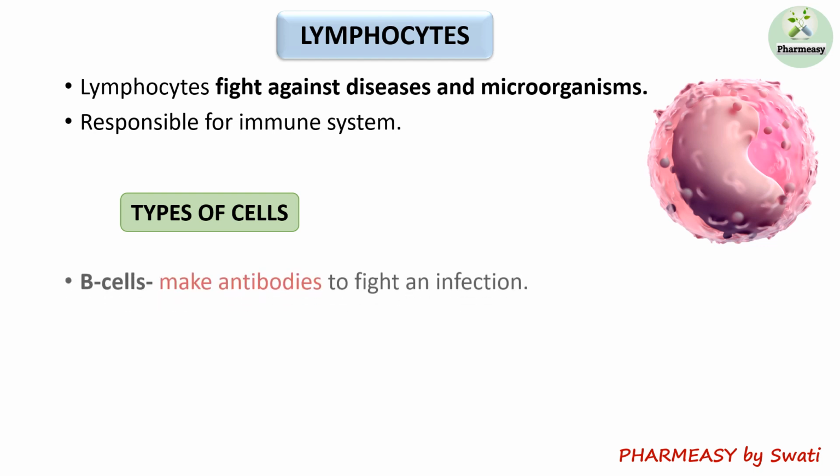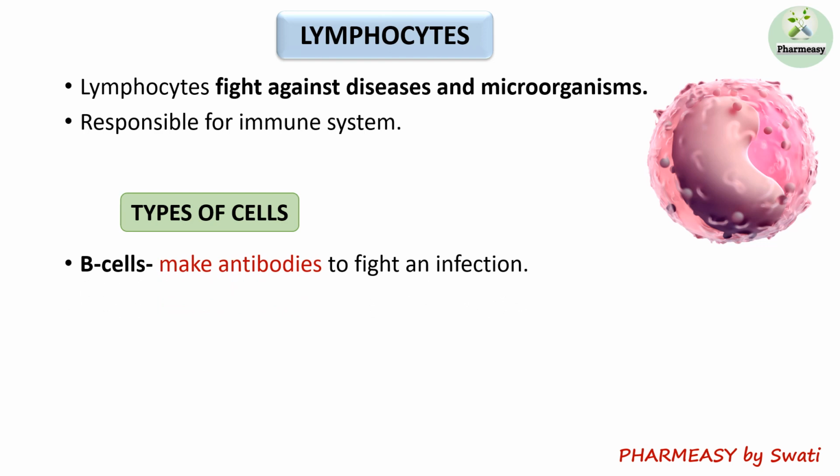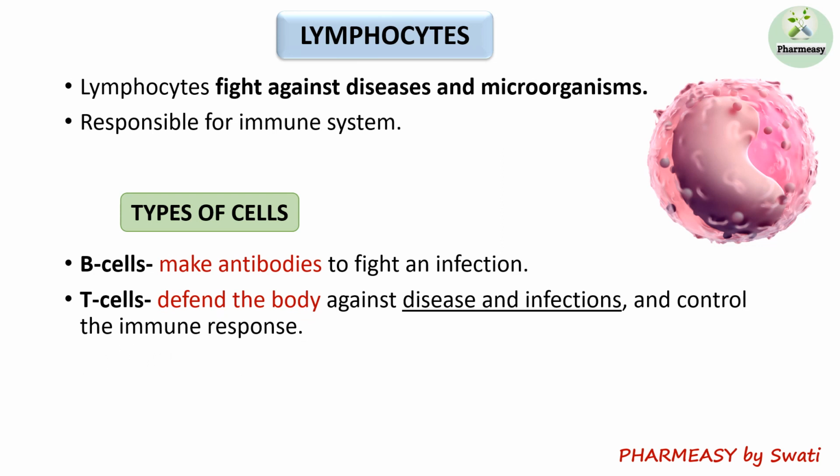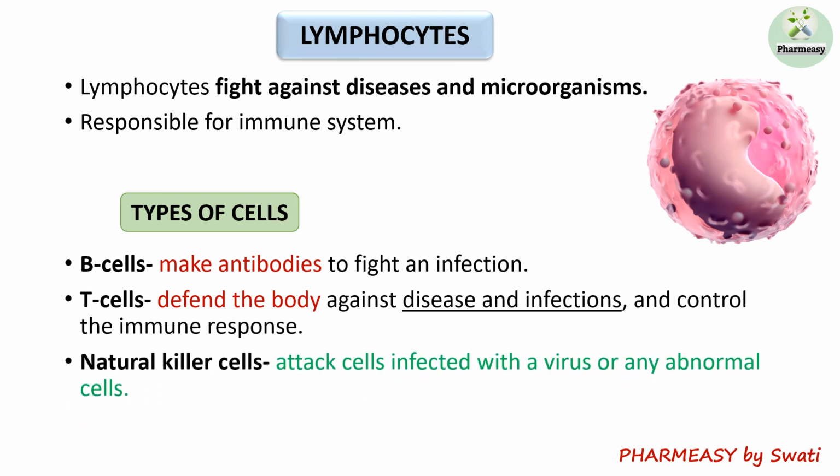B cells make antibodies to fight an infection. T cells defend the body against diseases and infections and control the immune response. And last one is the natural killer cells, also known as macrophages. These macrophages attack cells infected with a virus or any other abnormal cells.